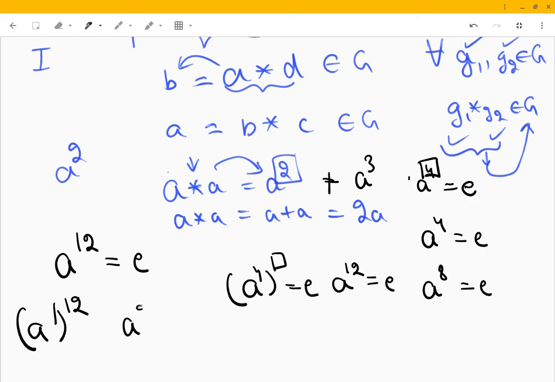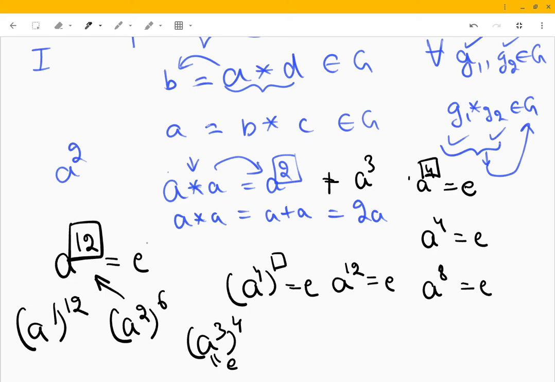Order of A can be 2, because maybe A square is E and this represents A square to the power 6, right? Similarly, the order of A can be 3, maybe A cube is E. So any divisor of 12 can be the possible order of A, right?